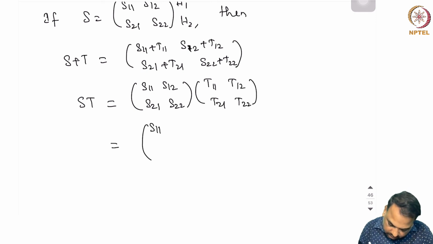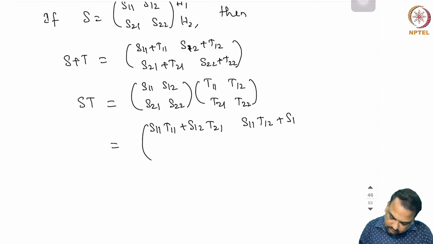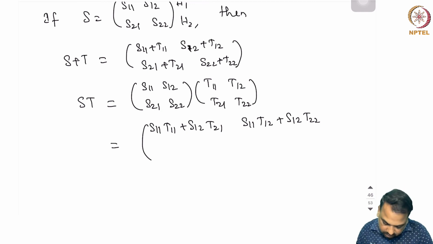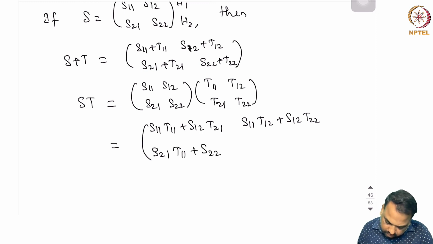This is S11 T11 plus S12 T21, S11 T12 plus S12 T22. The third element is S21 T11 plus S22 T21. The fourth one is S21 T12 plus S22 multiplied by T22.